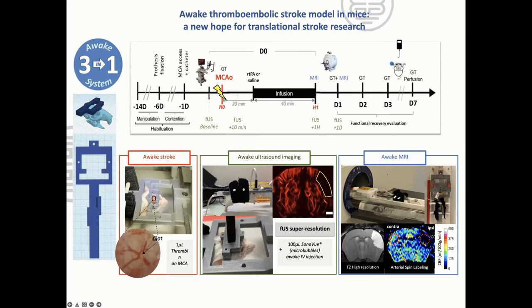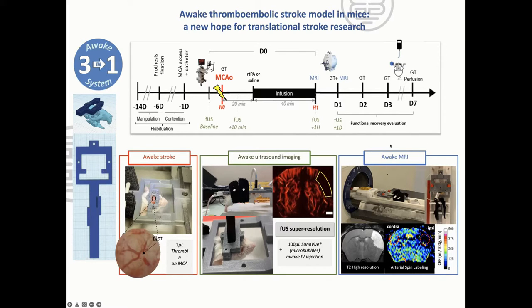So we should now move to a model of thromboembolic stroke and imaging modalities in awake mice, and it's exactly what we are doing. Right now we have a model of thromboembolic stroke performed in awake mice at the time of stroke onset, and we can also use fast ultrasound imaging in awake animals to look at tissue reperfusion and tissue recanalization.